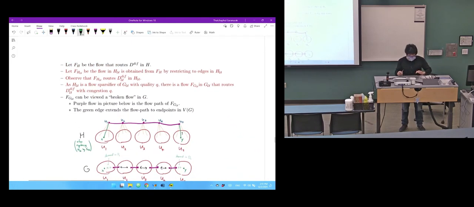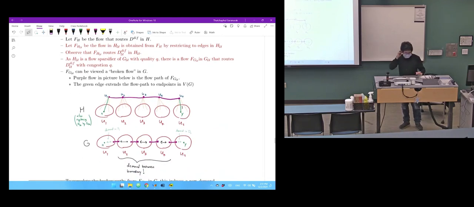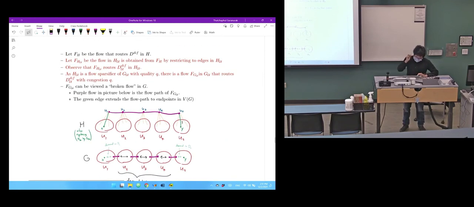Let's say that F is a flow that routes this demand. Fh is a flow that routes the demand between different parts in H. You want to construct the flow in G.